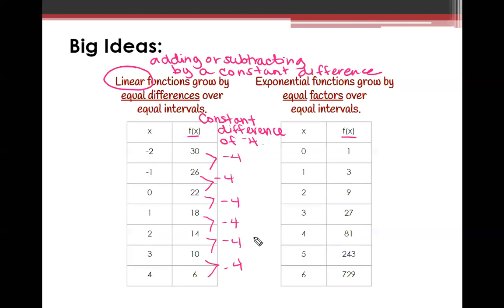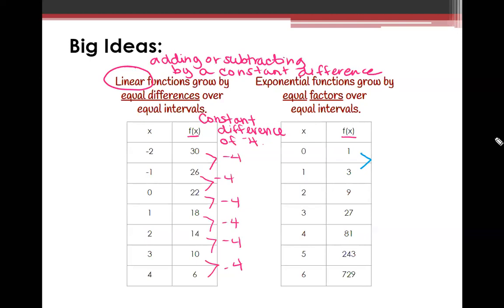All right, let's look at exponential functions grow by equal factors over equal intervals. So first of all, is there equal intervals? Look at the x. 0, 1, 2, 3, right? It's going by what equal interval? 1. All right, let's look at these numbers right here. If you knew that they were exponential, the first thing you would look at is what you multiply by.